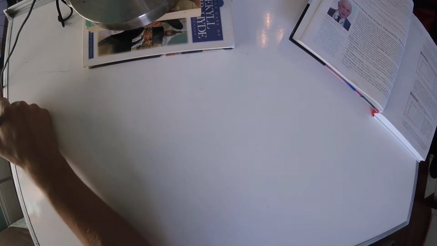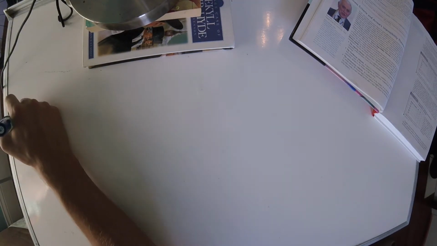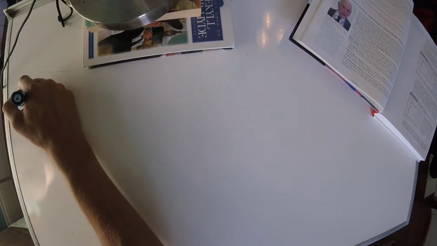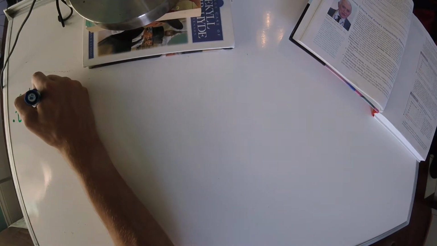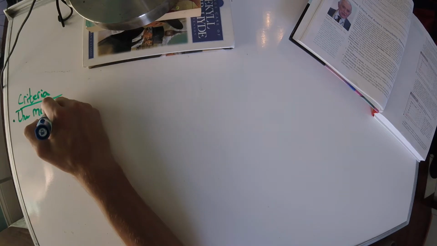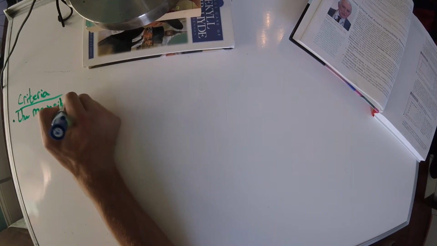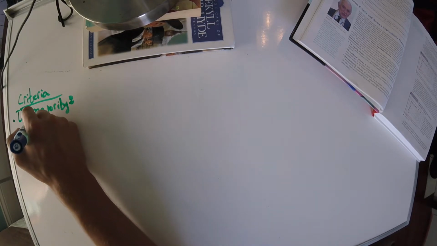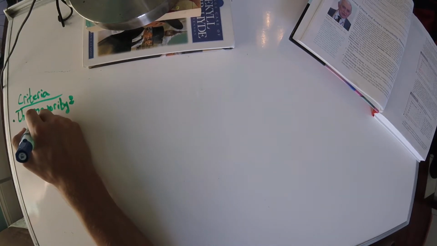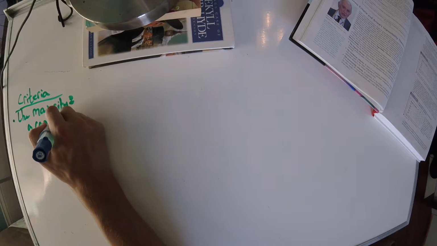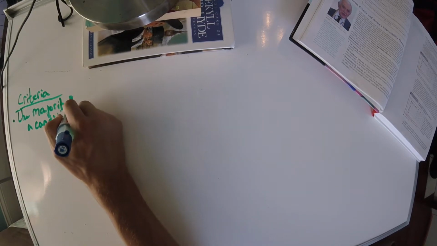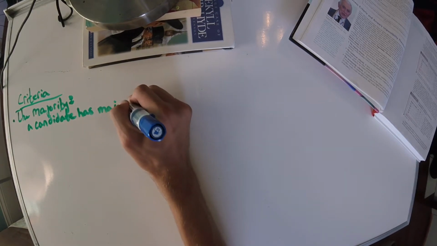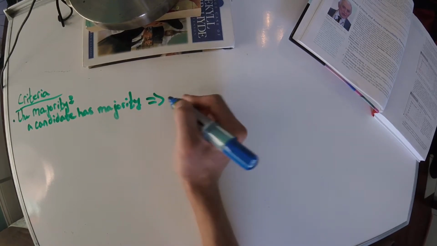So the first criterion is the majority criterion. So I'll put criteria on the top. So majority, and this just states that if a candidate has the majority, that candidate should win.